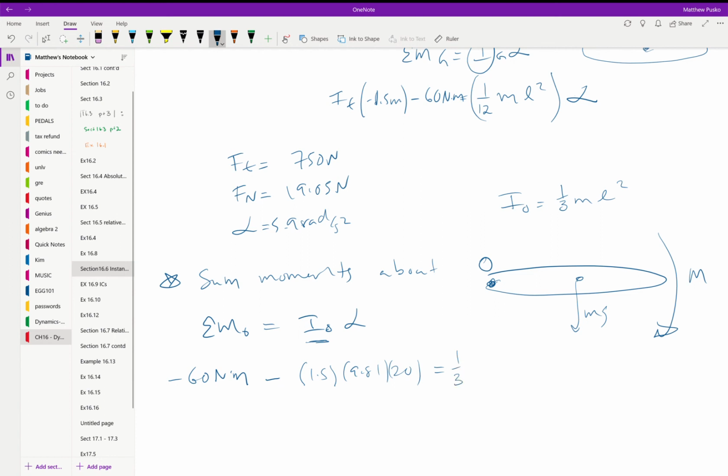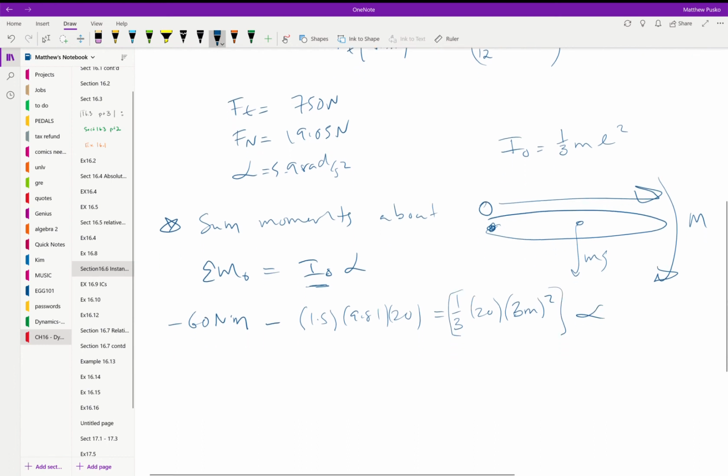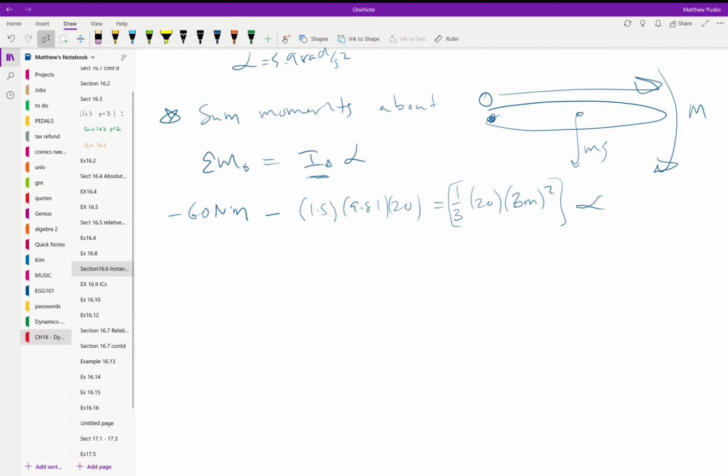So I'm going to do 1/3 times 20 times 3 meters in this case, right? The full distance of the bar that the mass is distributed over, and then all of this is times alpha. From this, the only thing we don't know is alpha, and we can also find it to be 5.9 radians per second squared.